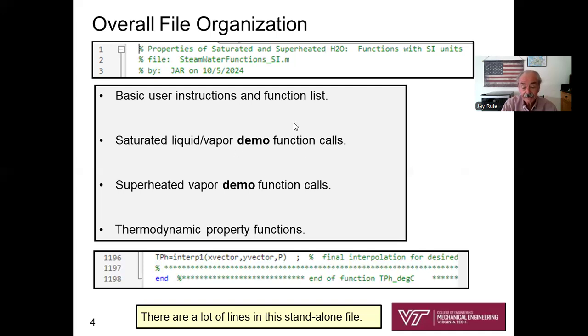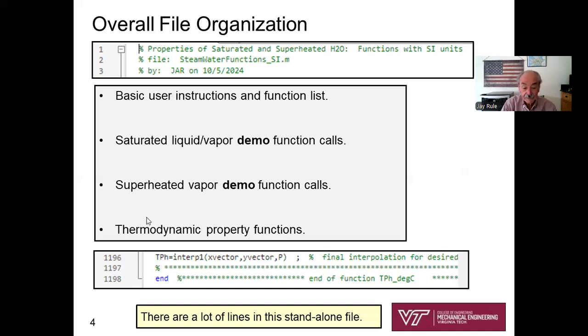So the next block is a demo of the function calls for the saturated. The next big block is the same type of idea, a demo of the superheated vapor function calls. And then the next block down is all of the MATLAB computer code or functions that comprise all of the functions I just showed you that are available.